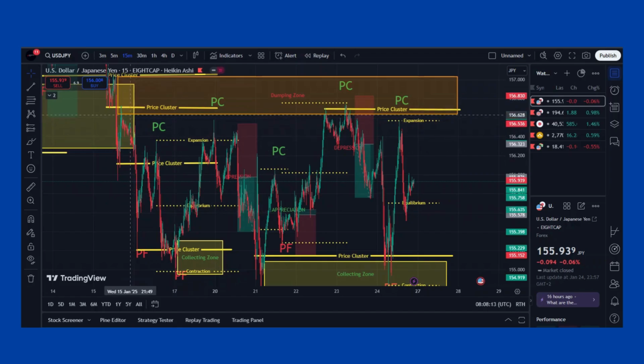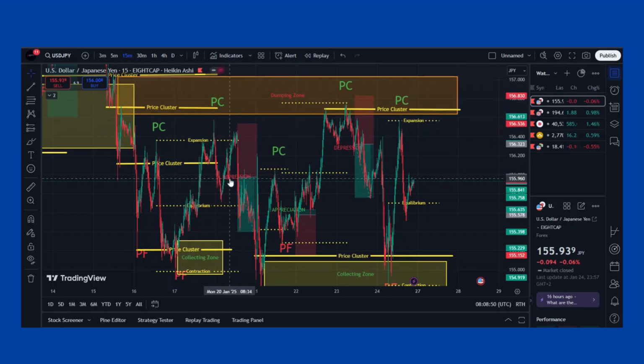Price following the price flow, you can see there was a price clutter formed here, and the price clutter broke to the downside. So what we're expecting is for the price to come down from this equilibrium level and form a proper depreciation level from the expansion level, but the price didn't do that, so it went up and formed another expansion level here, close to the dumping zone that was formed on the preceding week.